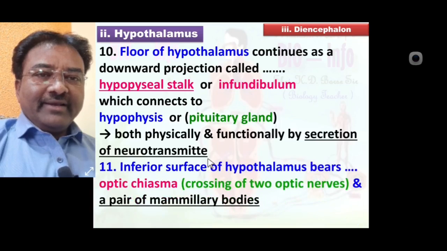Now point number 11. Inferior surface of hypothalamus bears optic chiasma, the crossing of the two optic nerves, and a pair of mammillary bodies.